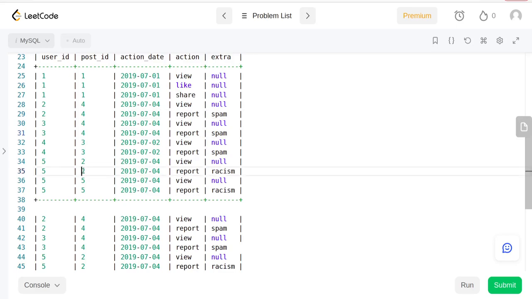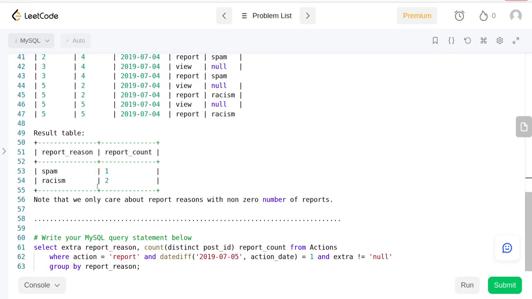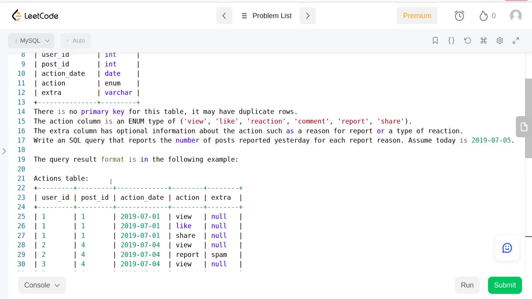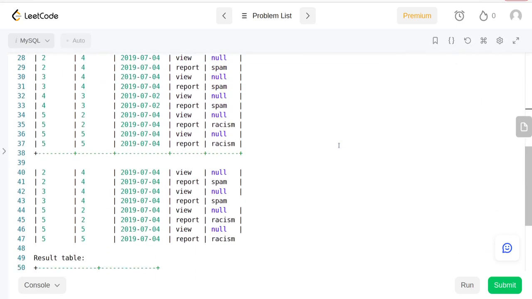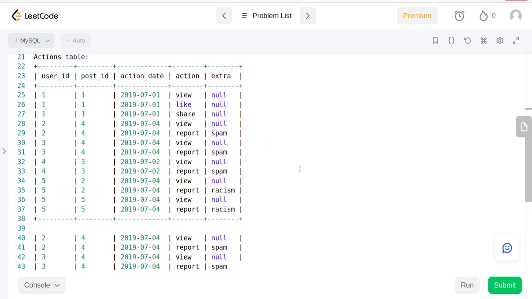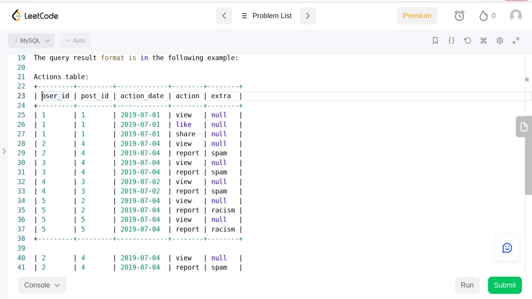Over here the racism count is 2, and in the requirement it does say to report the number of posts reported yesterday for each report reason. So if we have the same post ID, that may mean that multiple users reported it, but the post ID is the same.